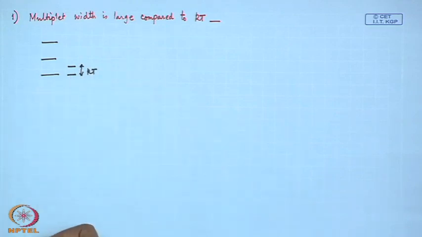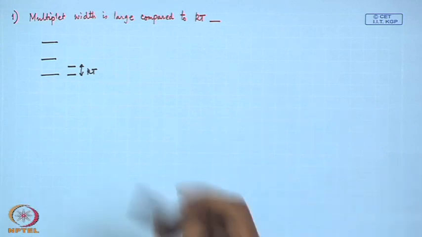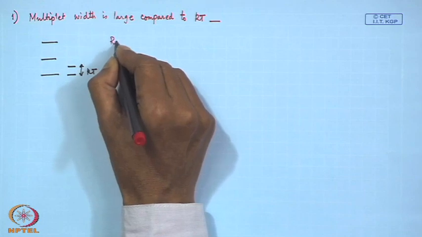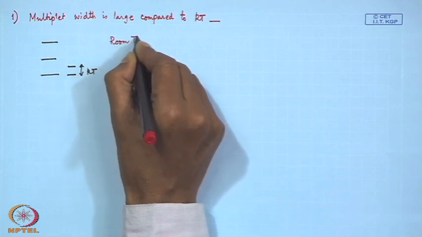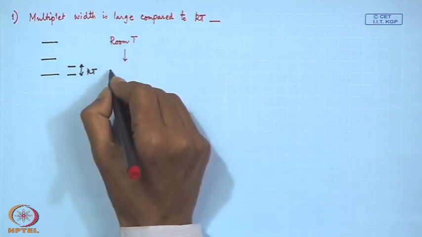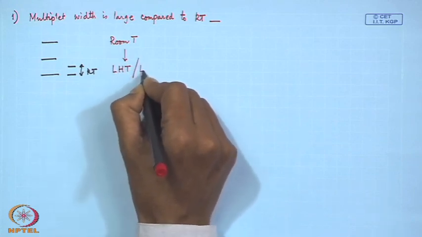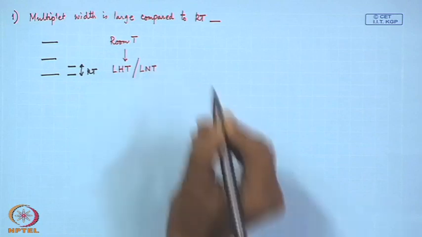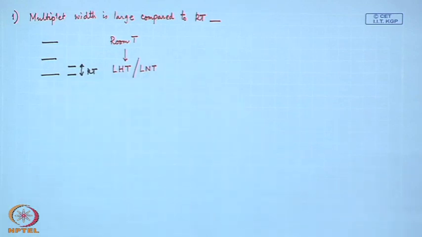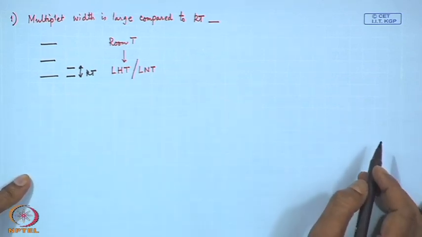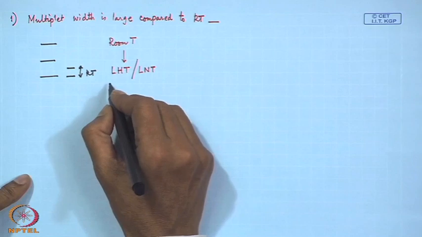So, consider the thermal energy available, say we are measuring the magnetic moment from room temperature down to liquid helium temperature or liquid nitrogen temperature. These are useful for determining magnetic moments at low temperatures.